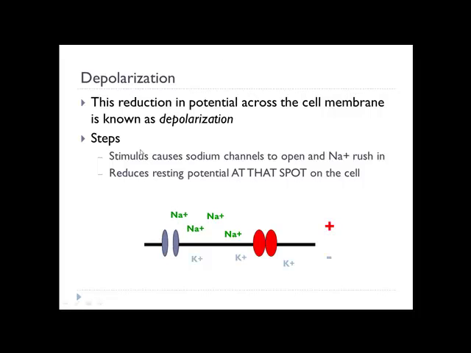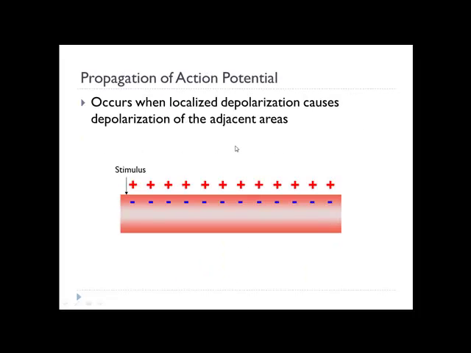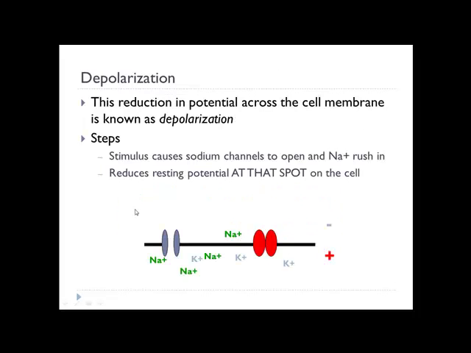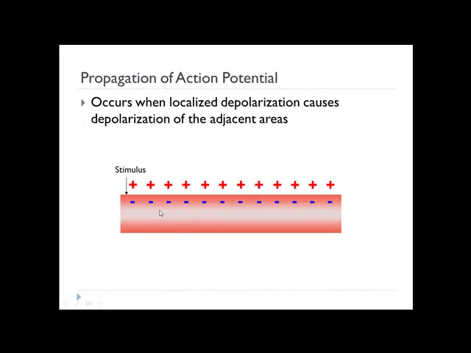Okay, so here's what happens. Here's our little video. Sodium flushes into the cell here, and our charge goes positive inside, negative outside. When it propagates, this is just happening at one section. This would represent a nerve cell. It happens from one section to the next, to the next, and it walks along the nerve cell.